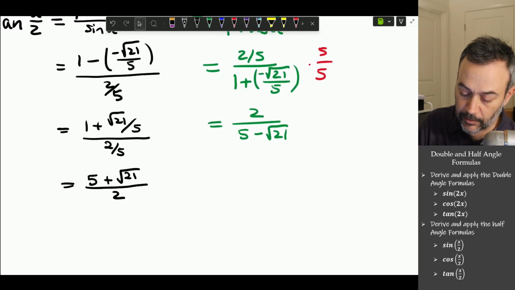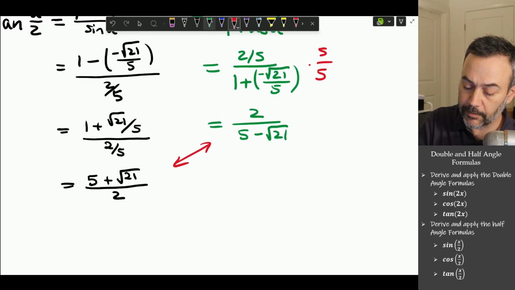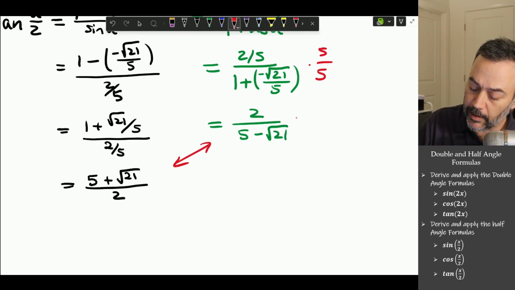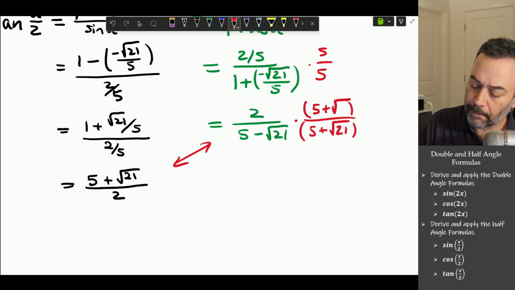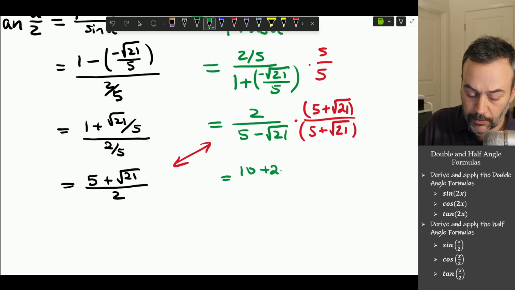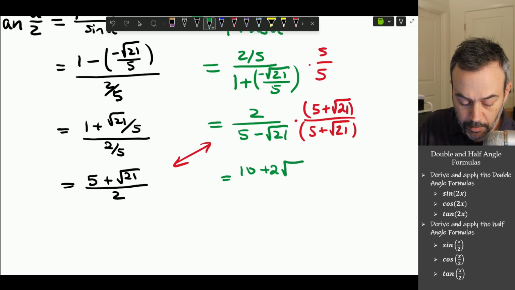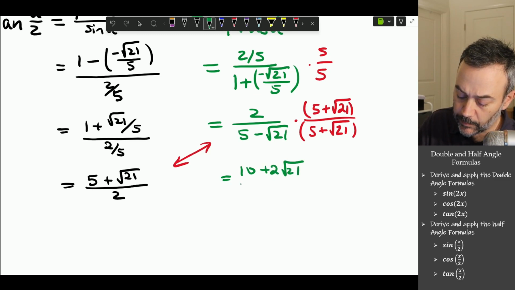And are these the same? They are, because we can rationalize the denominator. You may remember that to do this, you multiply top and bottom by the conjugate of the bottom. When you do that, the top is 10 plus 2 root 21.